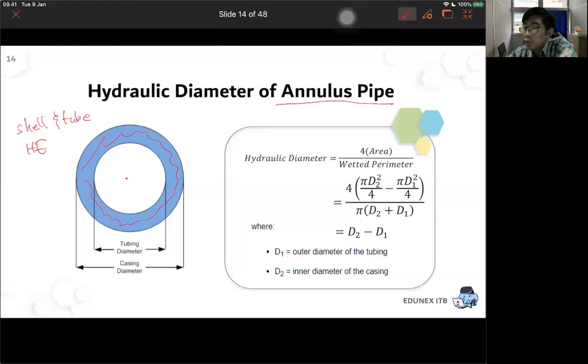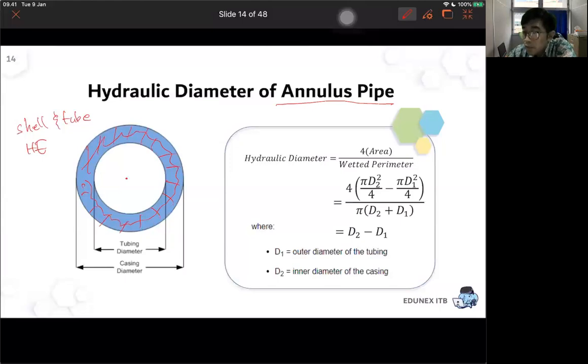So the same, the hydraulic diameter will be 4 times area divided by the wetted parameter. So the area should be this area. It means it is the cross-sectional area of the bigger pipe minus the cross-sectional area of the smaller pipe. That's the area. How about the wetted parameter? Wetted parameter will be all the length that is in contact with the water.